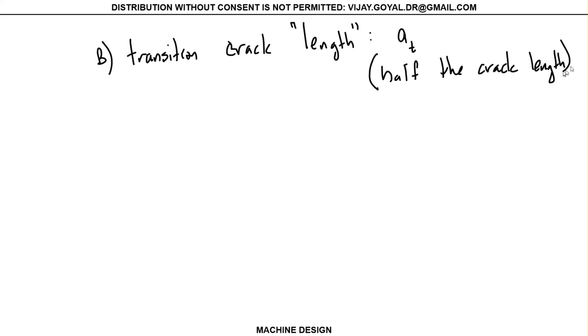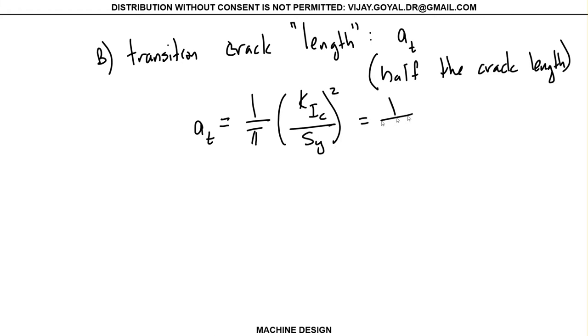Okay? So in your problem, this is the equation that we use. So when we find the crack length, your crack length was defined as follows: one over pi, KIC over sigma yield, squared, which gives you 1 over pi times 34 divided by 325 squared.